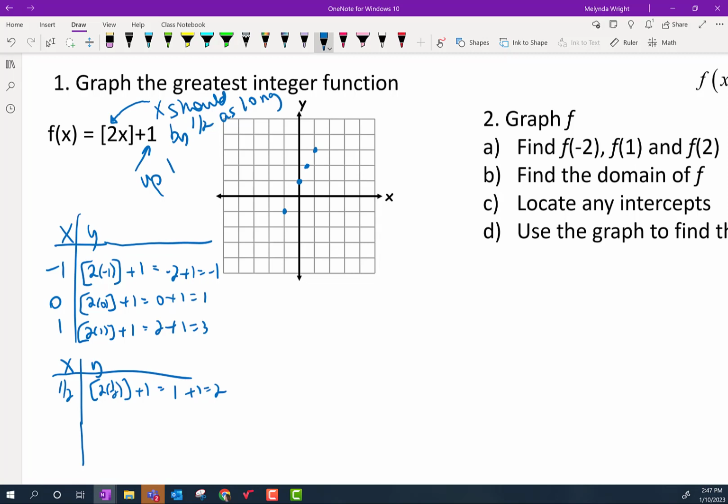That's what we anticipated from the way we think about transformations. If I'm concerned I'm not doing it right, I could try negative 1/2. 2 times negative 1/2 plus 1 would be negative 1 plus 1, or 0. And that's what we would expect.